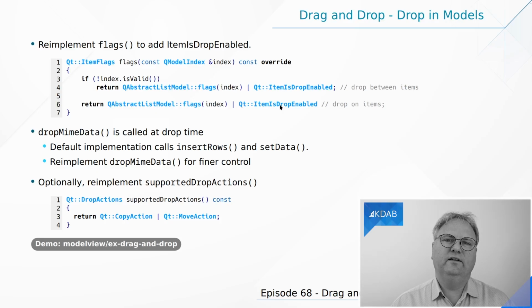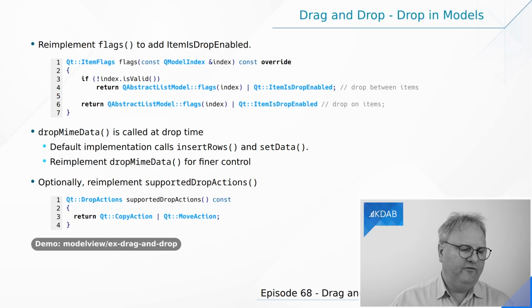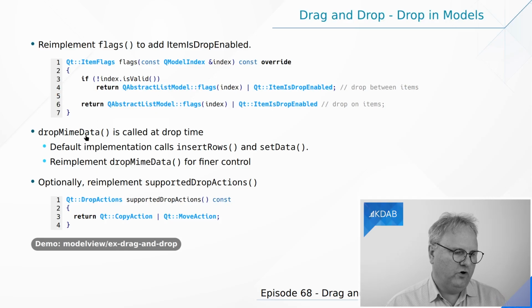That is how I tell Qt that, hey, you can drop stuff on me. And then whenever the drop happens, dropMimeData will be called. The default implementation of that is to simply take the data and unpack it. And then it will call insertRows on me, if there are rows to be inserted, obviously, and it will call setData on me with the data that it has unpacked.